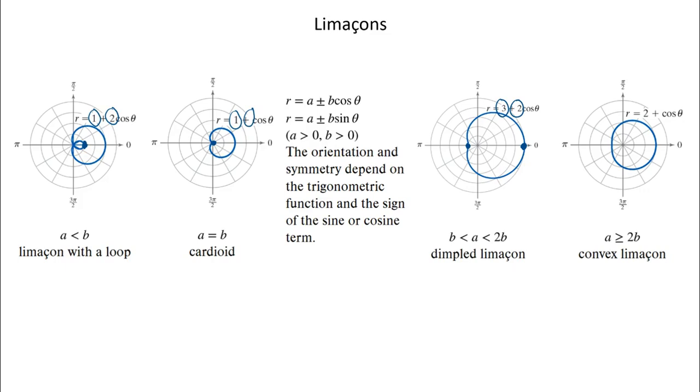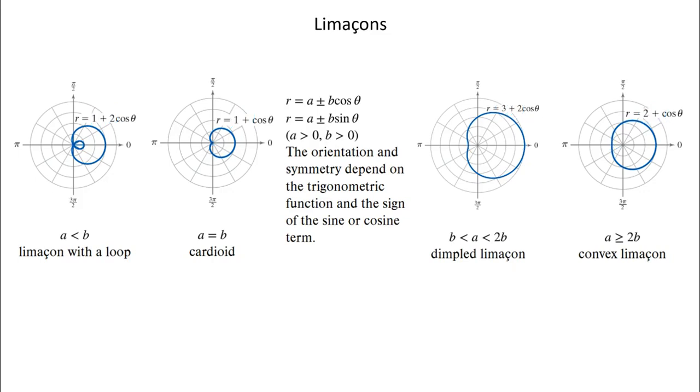So 3 and 2 have a difference of 1. That's how far away from the pole my dimple is going to be. And then on this last example, the convex Limacon, 2 and 1, those have a difference of 1. And look where my convexness is on my convex Limacon. It's at a distance of 1 unit away from the pole as well.